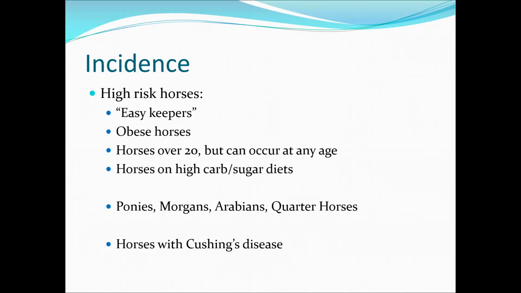We certainly see breed disposition. So ponies of all varieties, Morgans, Arabians, and quarter horses are said to have a higher incidence of this disease. All right. And then we can see it in conjunction with Cushing's disease, which then gets confusing because now we have two different diseases that look very similar and we have to sort them out. All right. So we'll talk about Cushing's in a little bit.